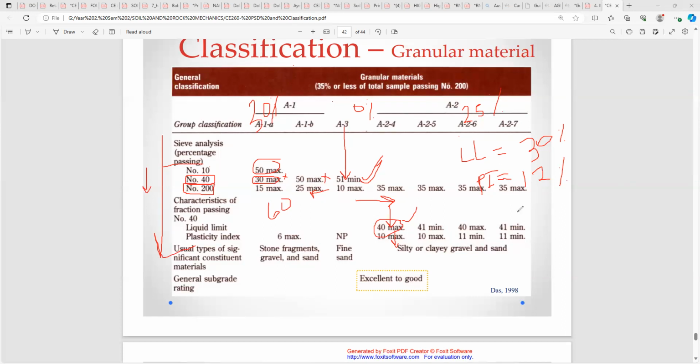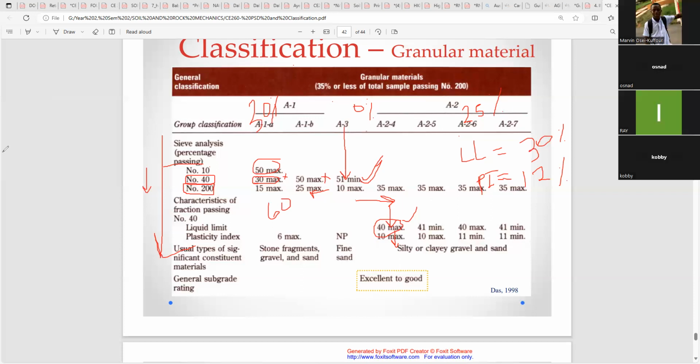Yes, hello. Please come again. Our PI, the plasticity index here, we are at this characteristic, and we've come straight and we are seeing 10% maximum. And I'm asking whether the PI, which is 12%, passes for the 10% maximum. Does it pass? Yes, it passes.